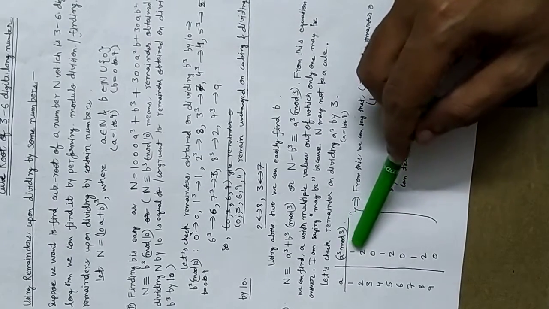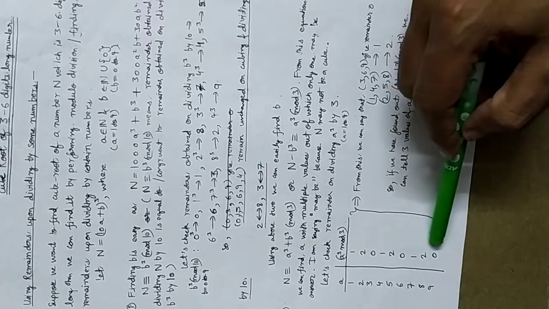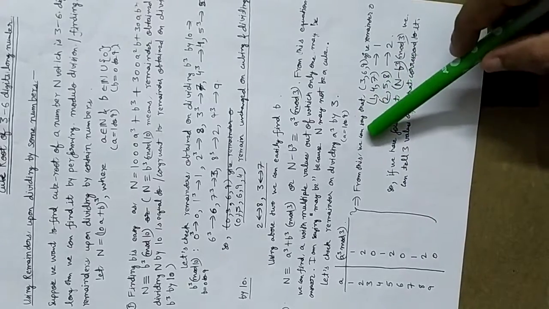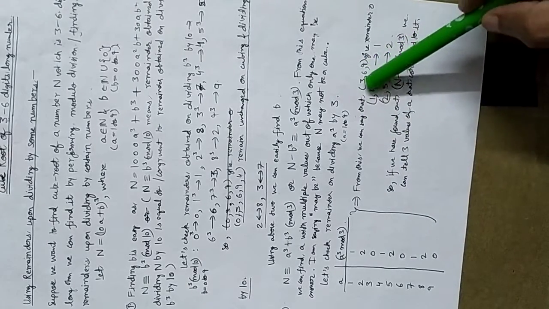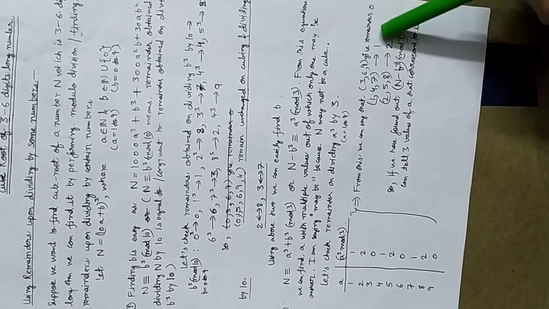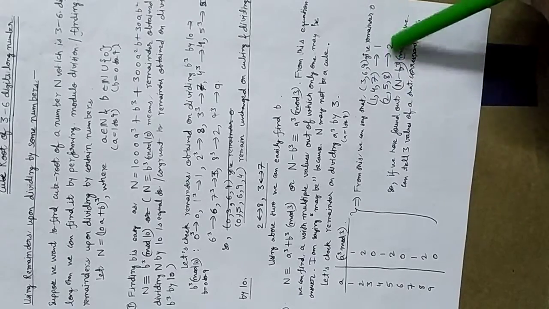So we have repetition of 0, 1, 2 as we can see here. So 3, 6, 9 give remainder 0, 1, 4, 7 give 1, 2, 5, 8 give 2.